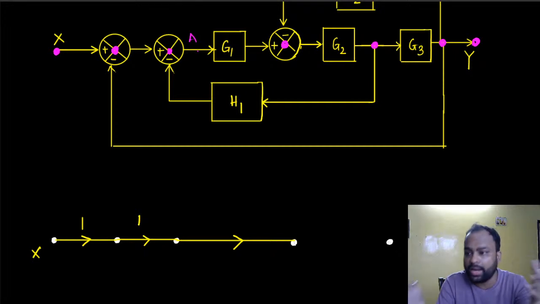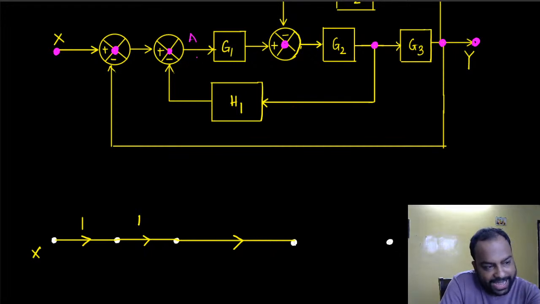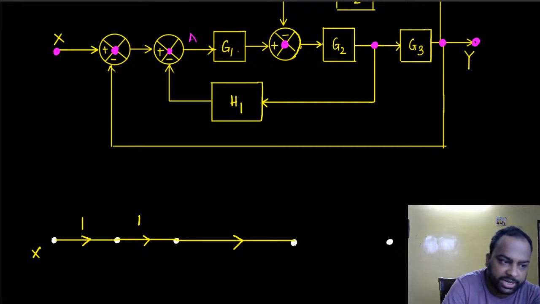Of course we are talking in the frequency domain. If the value of the signal is A and G1 is the transfer function here, then I have A G1 as the output of this block. So if A goes in, A G1 comes out.